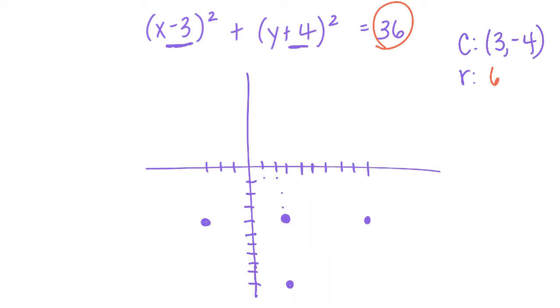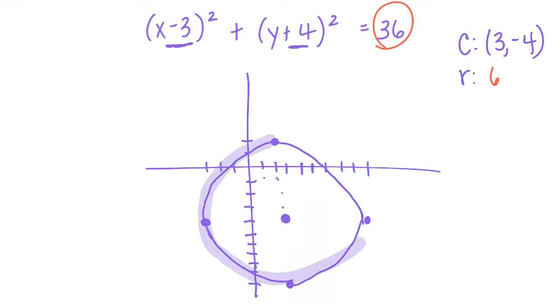And 1, 2, 3, 4, 5, 6 to the top. Now, I'm not an awesome artist, so you can laugh with me, not at me, at my circle. That's probably going to look like an egg. I probably should just highlight it. Maybe that would look better. Nope, not much better. All right, well, that's how you graph a circle.